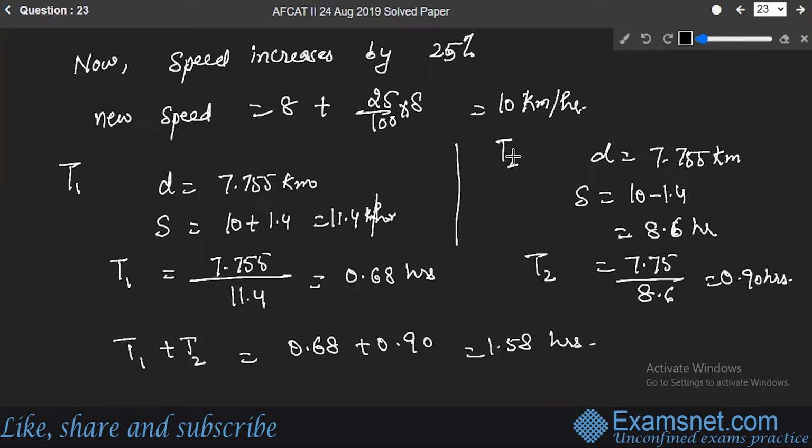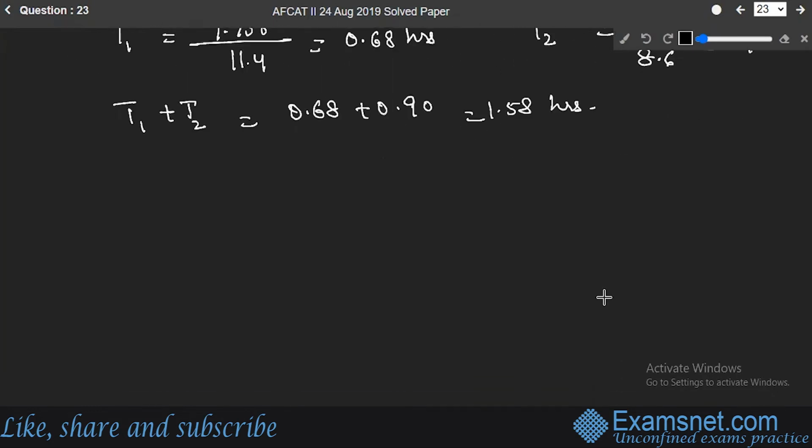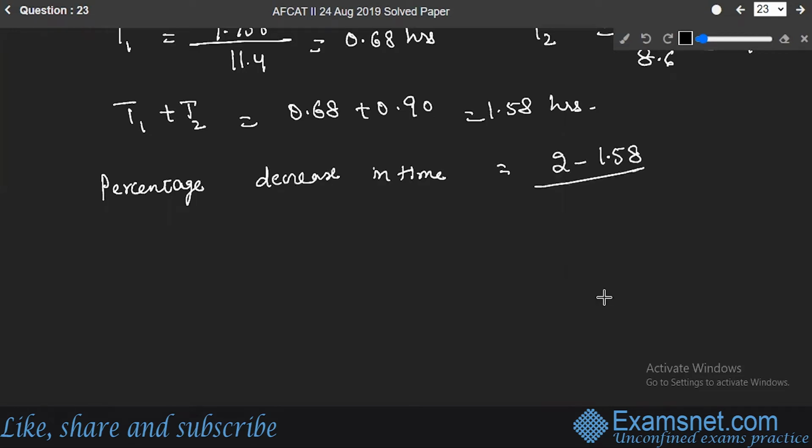You have to calculate the percentage decrease in time. See, initially time taken was 2 hours. So the difference in time is 2 minus 1.58 divided by 2 multiplied by 100.